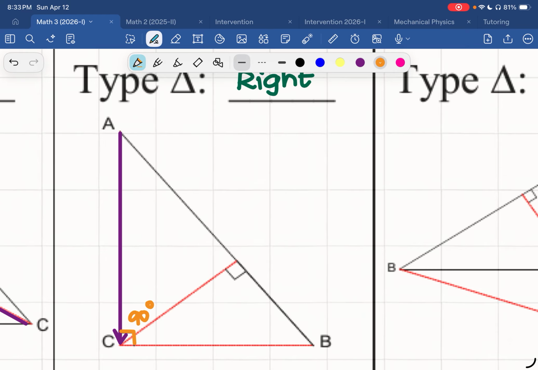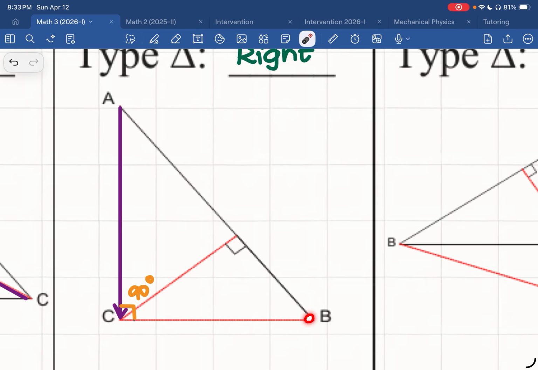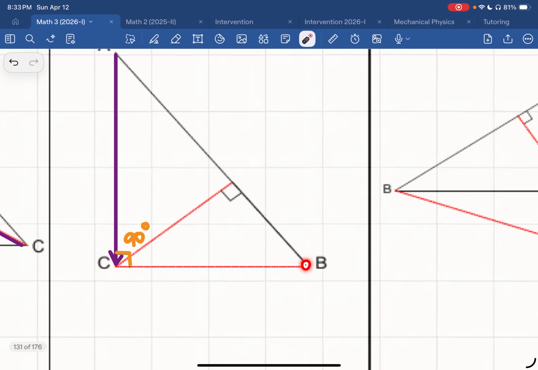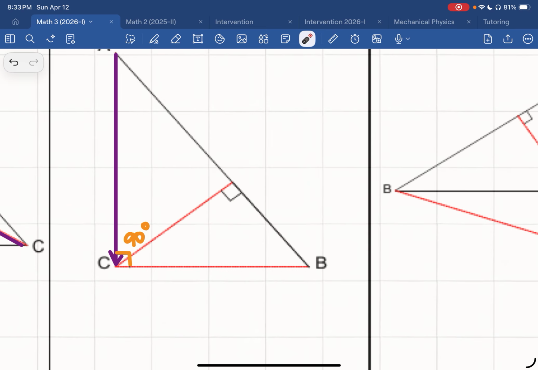Okay. Now, let's talk about the vertex B. So the vertex B is this one. Look at this one. If I do this, is this a 90 degrees angle? No. If I do this, is it a 90 degrees angle? No. If I do this? No. The only way is to do it like this. Pay attention.